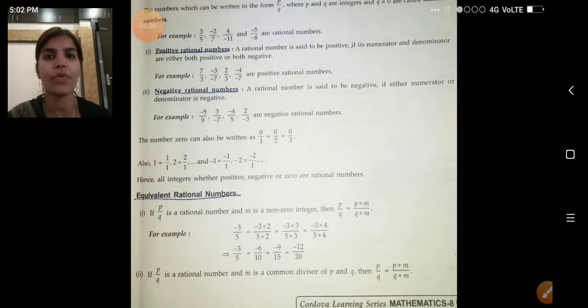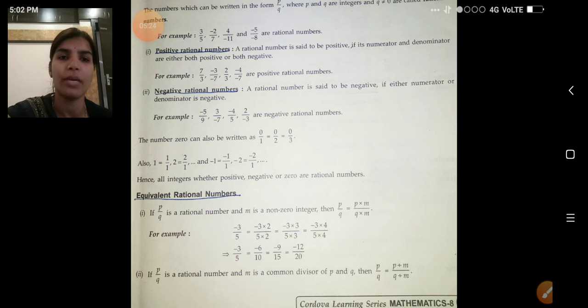Next we want to see equivalent rational numbers. Equivalent rational numbers, that means you know that p by q is the form of a rational number. So taking any integer m, p by q is equal to p into m upon q into m.